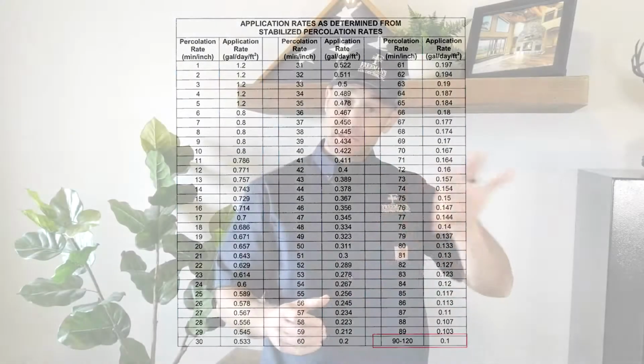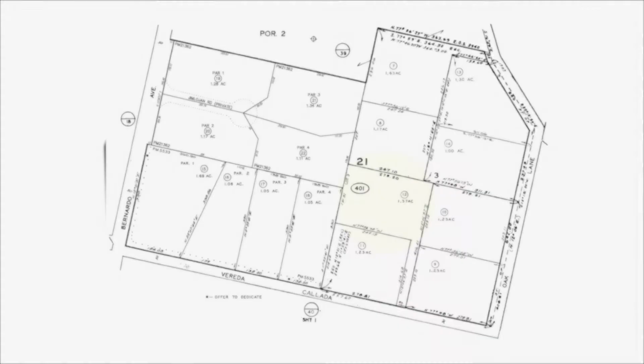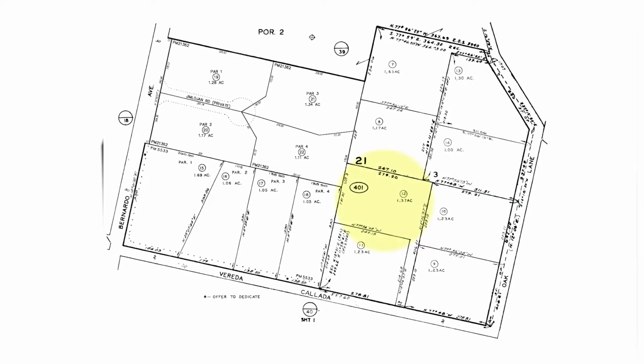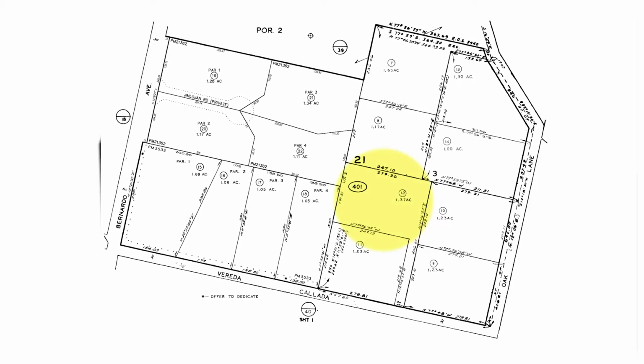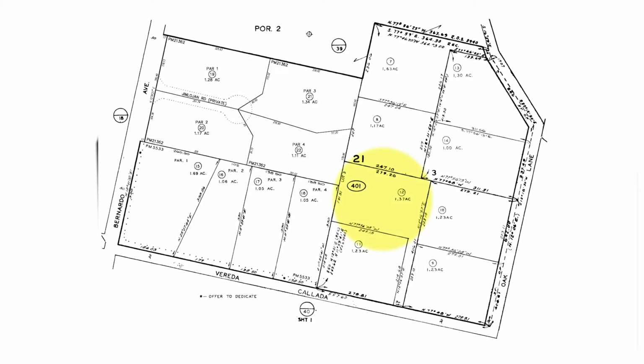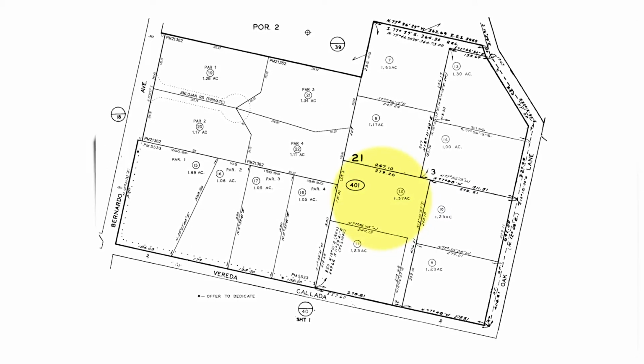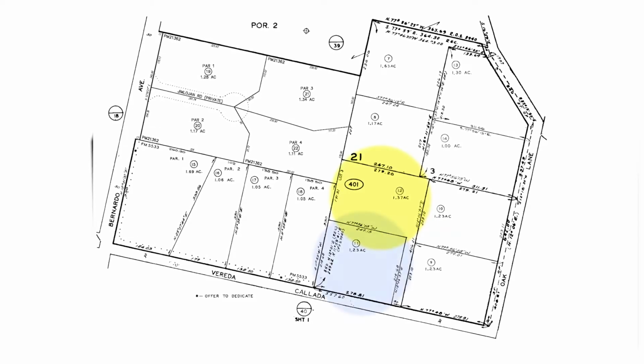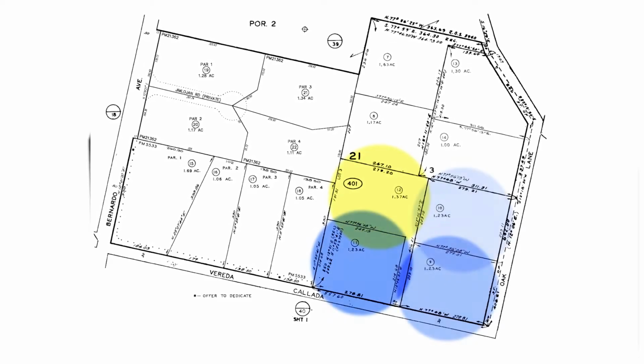And actually, one thing I should step back on is the perc rate. Let's say you have a piece of property that is all subdivided, it's a legal lot, and there are lots around it that have been built on. The property you're buying may not have had a percolation test done on it, but with the County of San Diego, what you can often do is contact them during the septic layout process and say, hey, these properties around me have had perc tests done on them.